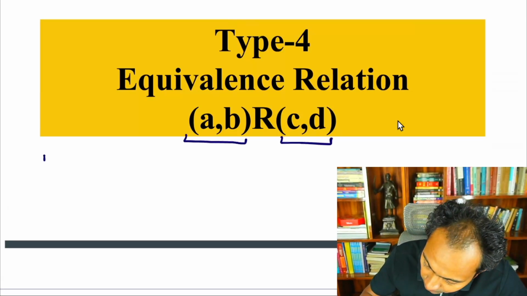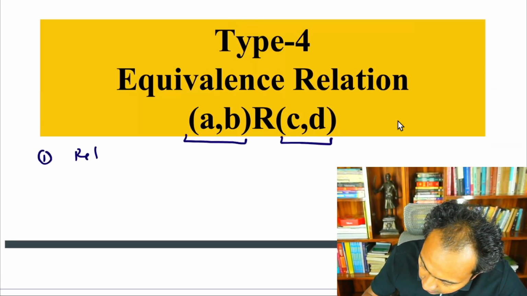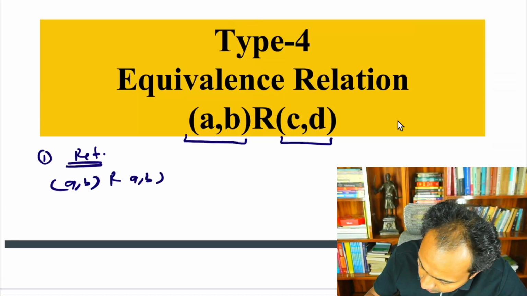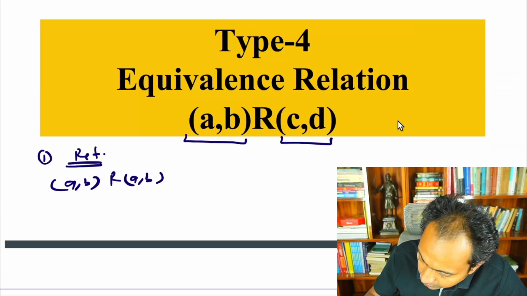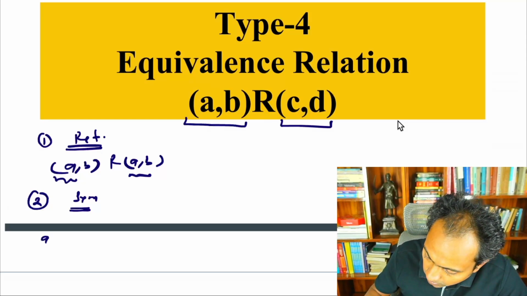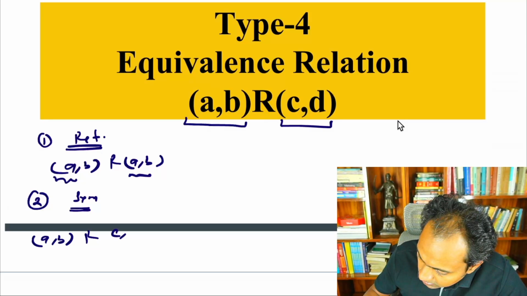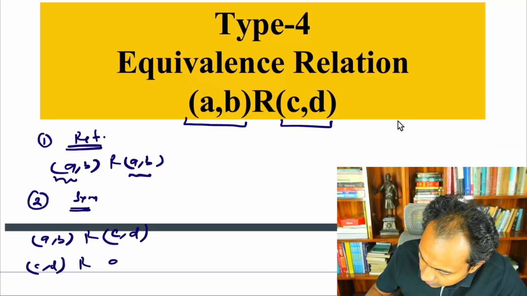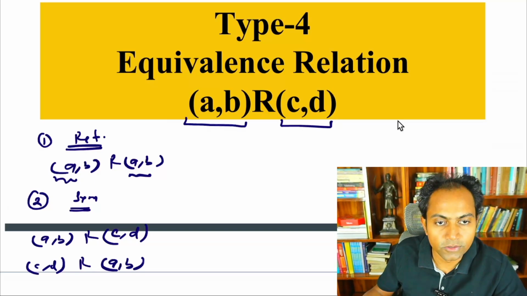That would mean if I want to show something as reflexive, I will have to prove that A comma B is related to A comma B. So we are showing the two same ordered pairs should be linked to each other. Second, if I want to show symmetric, again the idea would change: if A comma B is related to C comma D, then C comma D should also be related to A comma B. This is what should be shown.